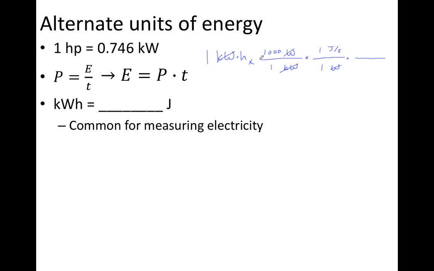So to get rid of hours, I put it on the bottom, and I am dividing by seconds up here. If I multiply by seconds, that will get rid of the divided by seconds. And there are 60 times 60, or 3,600 seconds in an hour. I can lose my units of hours, lose seconds. And now we see that 1 kilowatt hour is equal to 3.6 million joules.